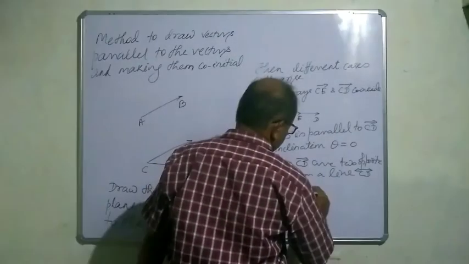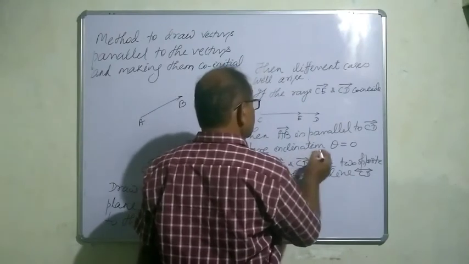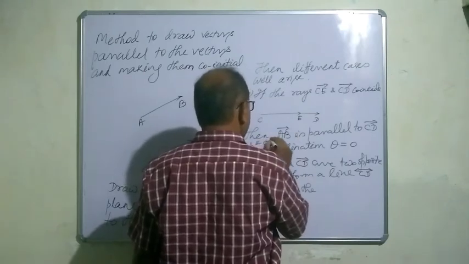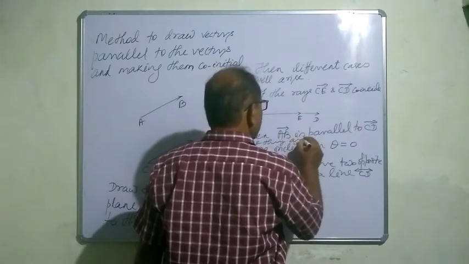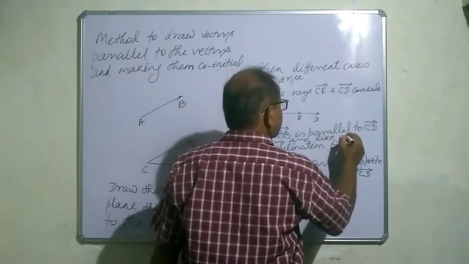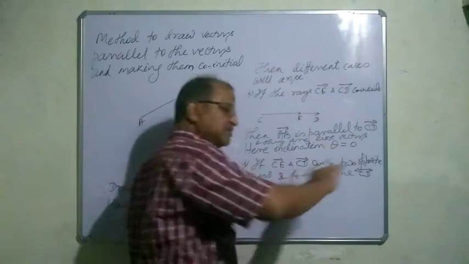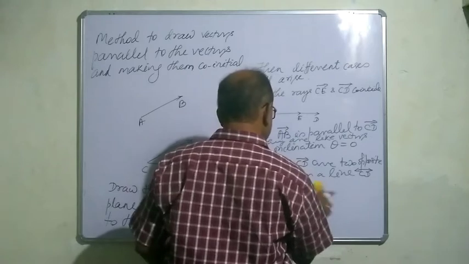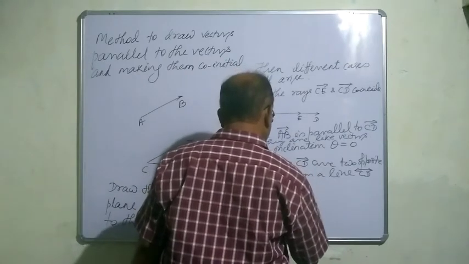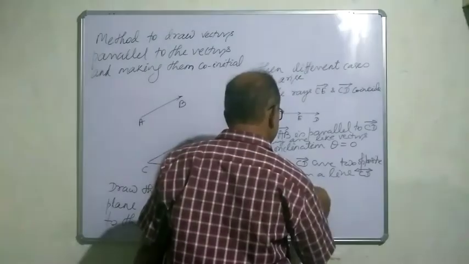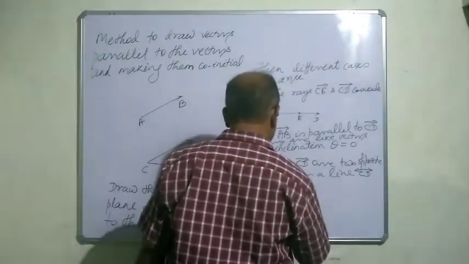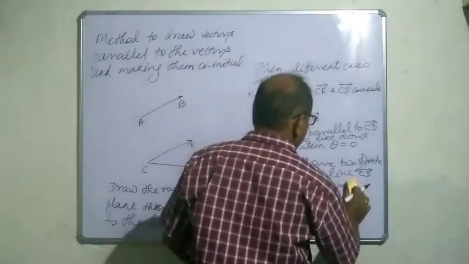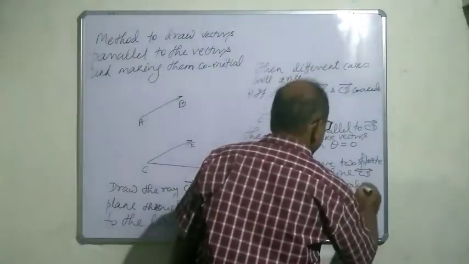Also the vectors, yes, here AB is parallel to CD and they are like vectors. They are like vectors, means they have the same direction. Here, then line CD, then AB vector and CD vectors are parallel but unlike.